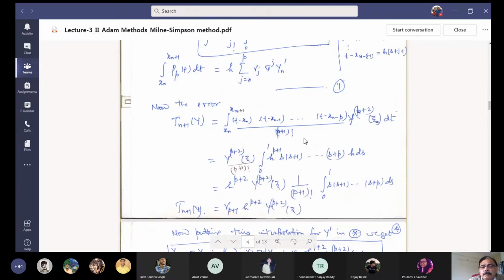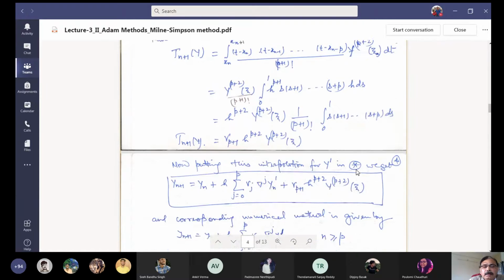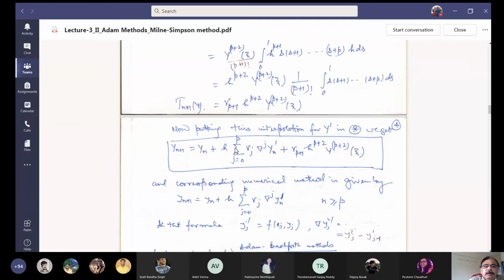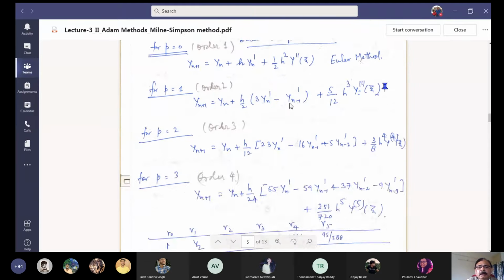Here it goes up to s plus p, so accordingly we write gamma_{p+1}. So the local truncation error T_{n+1} will be gamma_{p+1} h^{p+2} times the (p+2)th derivative of y at the point xi, and then it is written in terms of summation later on.